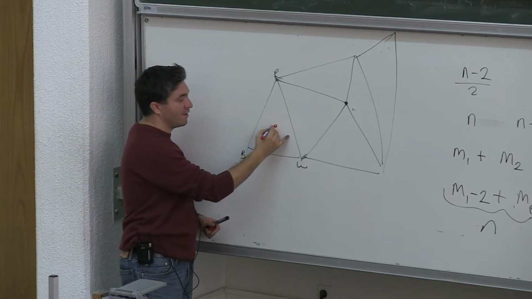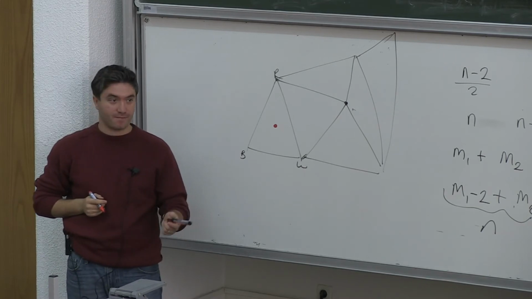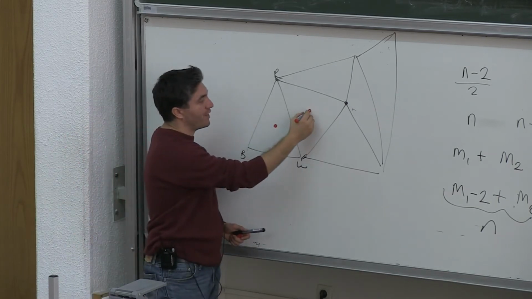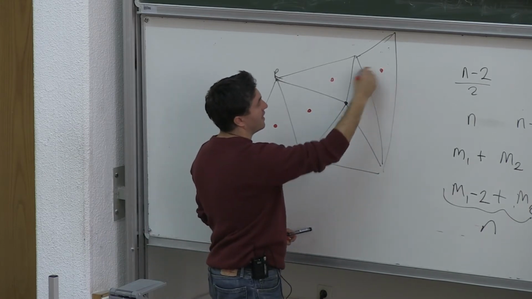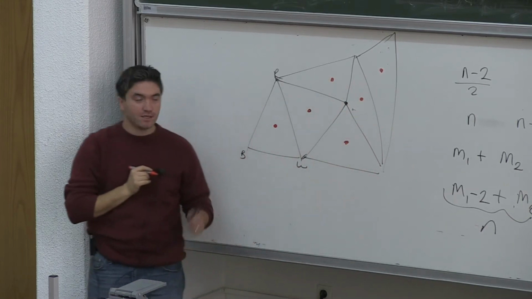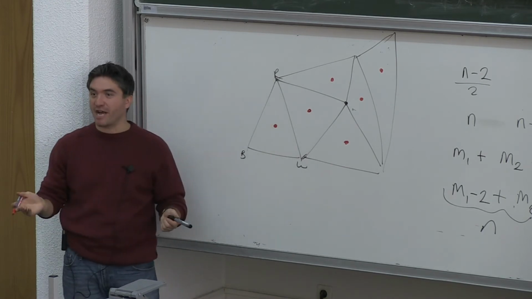And it's like this. For each triangle, we are going to have a node in this dual graph. And we are going to connect two nodes, two triangles, if they share a diagonal.